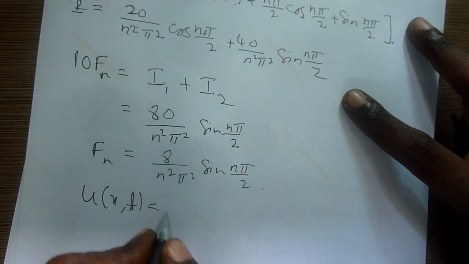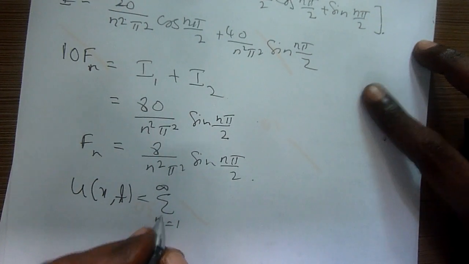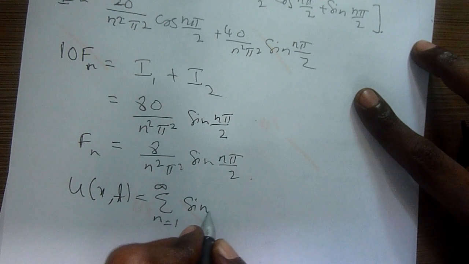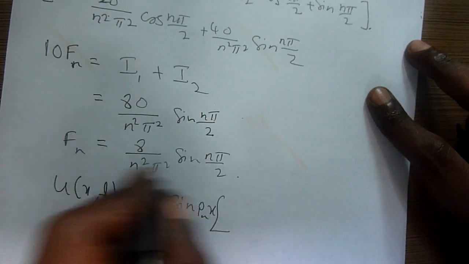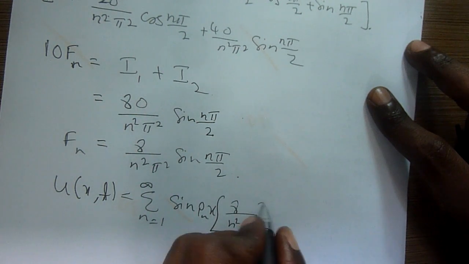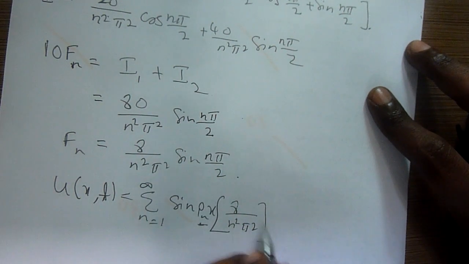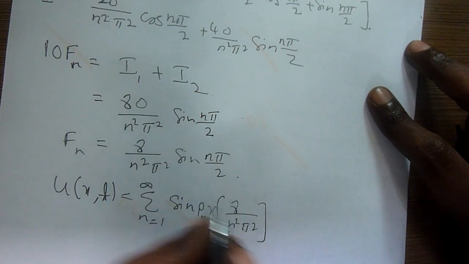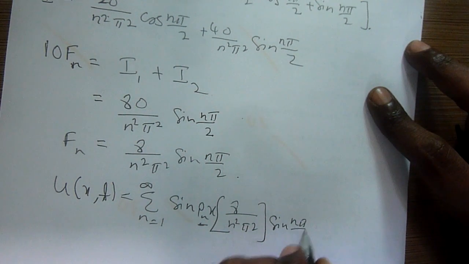u(x,t) equals the sum from n equals 1, sine Pnx. You need to place this whole thing, 8 and 2 pi 2. This whole thing will go. Pn still the same, but you need to add this sine and pi 2.